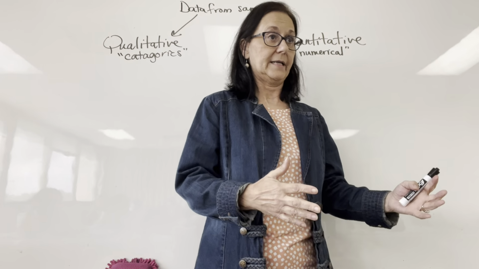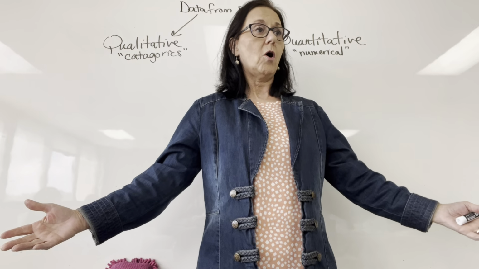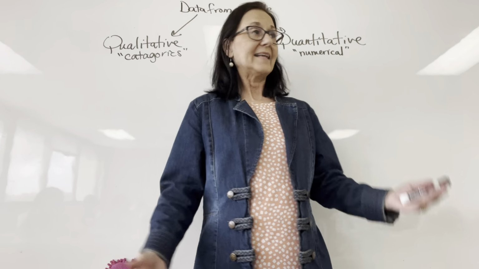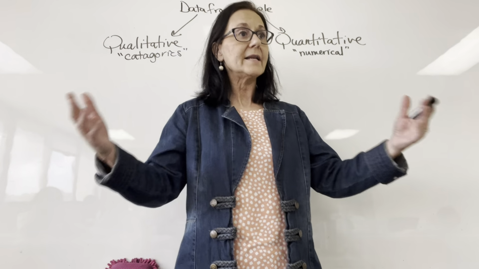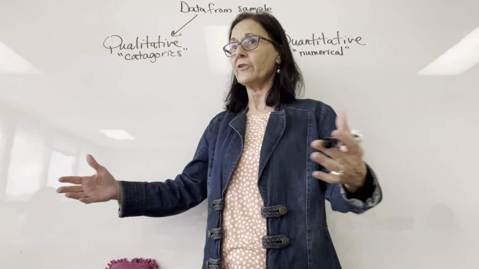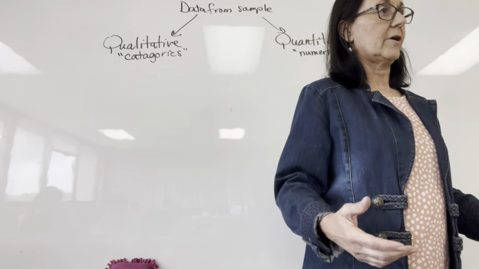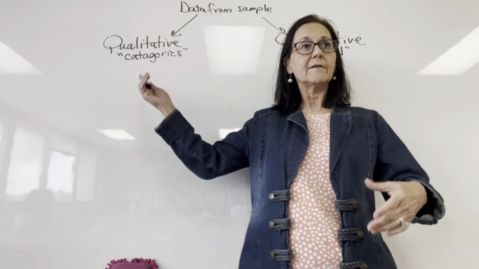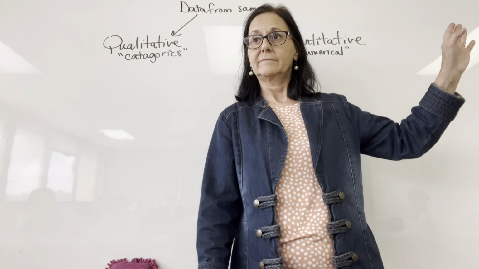Not categories. Do you see the difference? Or the height of the average woman. That's a quantitative concept. The height of the average male, the size of your foot, that's all quantitative. It's numerical. Do you see the difference between qualitative and quantitative? Make sense?